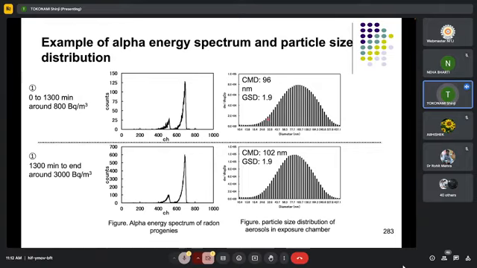Regarding particle size distribution, the count median diameter was 69 nanometers, and the geometric standard deviation was 1.9.